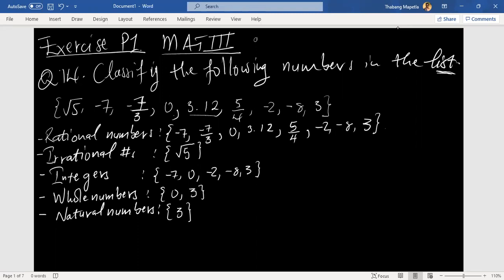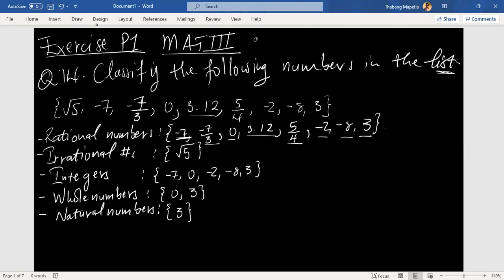So -7, -7 over 3, 0, 3.21, 5 over 4, -2, -8, 3, they are rational numbers.